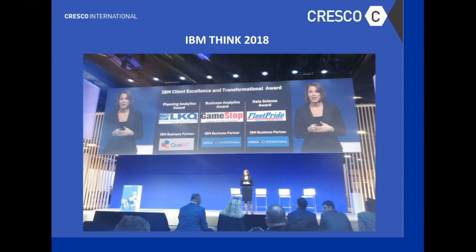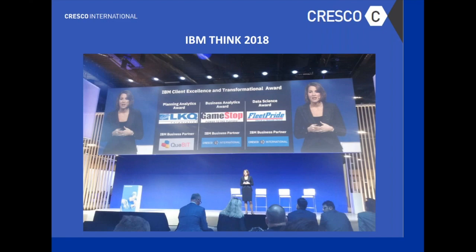We won 2 of the 3 awards. The first was the Business Analytics Award, where we took an organization called GameStop and were able to make them into more of a self-serve business intelligence organization, where they trust their data and the business is not dependent on IT as much in building their own analytics.